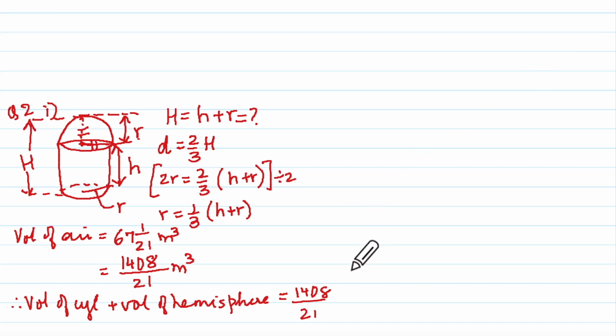Okay. So volume of the cylinder, what is it? Pi r square small h, correct? Plus 4 upon 3, no, half of 4 upon 3, which means hemisphere means 2 upon 3 pi r cube, which is equal to 1408 upon 21.